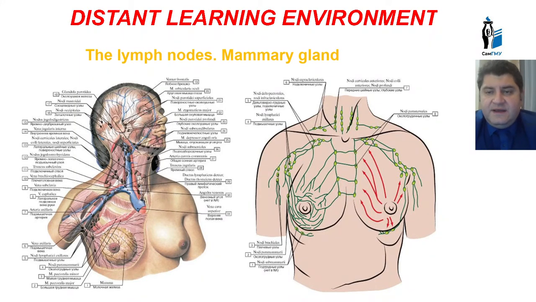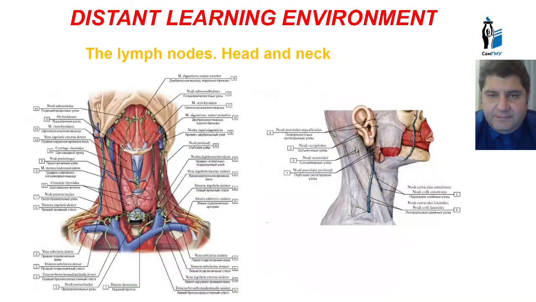You may see that lymph passes from the mammary gland also to axillary nodes, also to delto-pectoral nodes, and also to parasternal nodes behind the sternum bone. It's very important for investigating and diagnosing cancerous diseases in the mammary gland and their metastasis to lymphatic nodes.